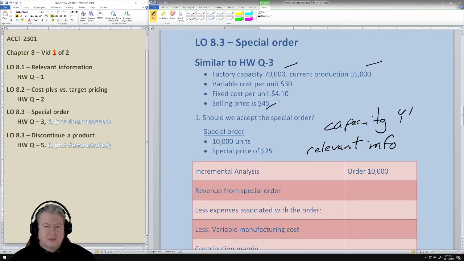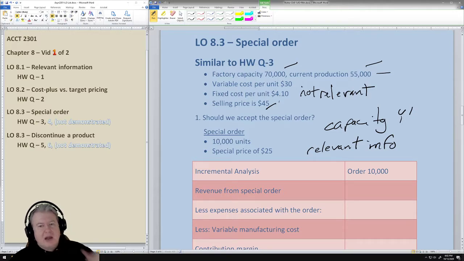Well, this fixed cost in the end is not relevant. And why do I say that? It's because even though we figured it out as a per unit cost, what we're saying is 55,000 times $4.10, our current production covers all of these fixed costs. In other words, any new production, any extra production, there's no fixed cost for it to cover.